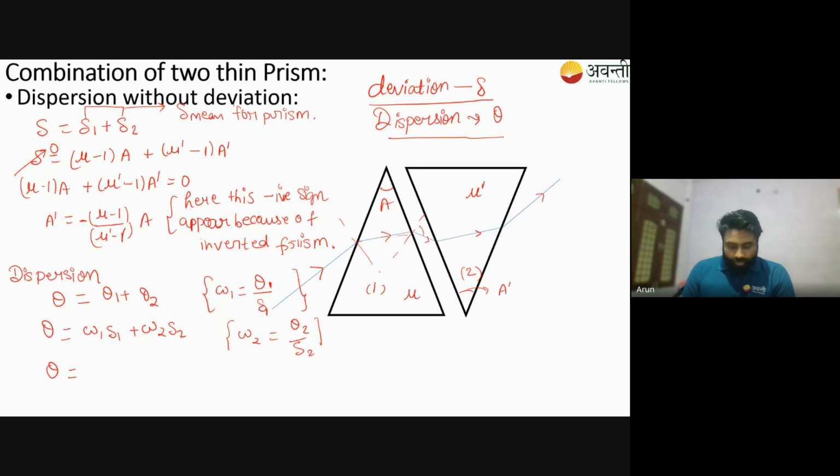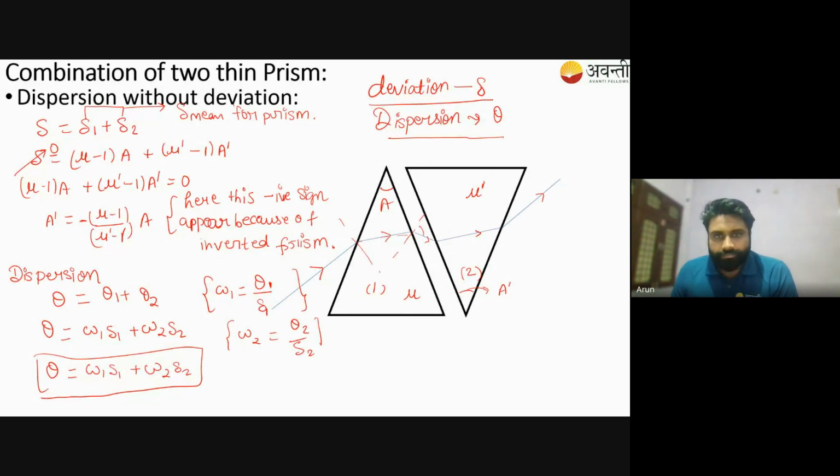So theta, finally, we have omega 1 del 1 plus omega 2 del 2. This is a formula you should remember, or you should note this down.